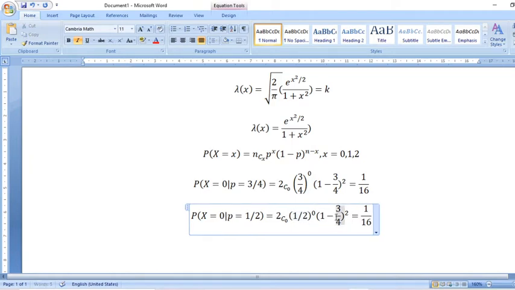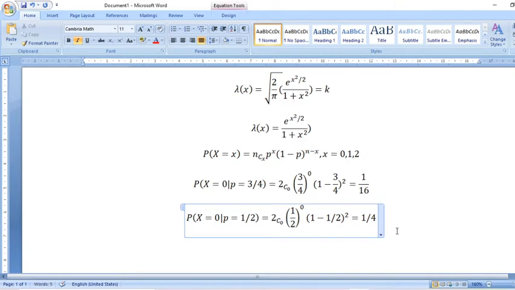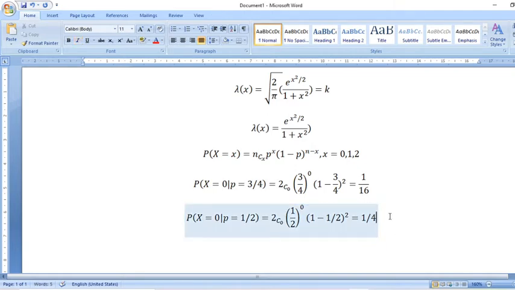It will be replaced by 1 by 2. So that is actually (1 by 2) squared, which is 1 by 4. Now, what is the fraction value?